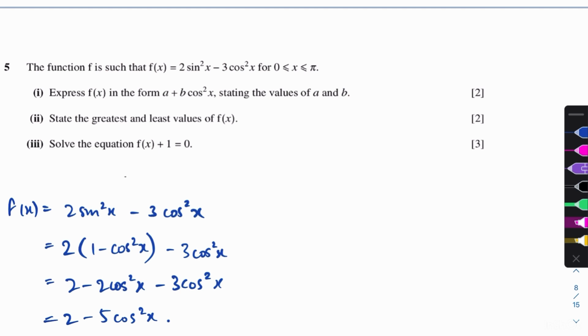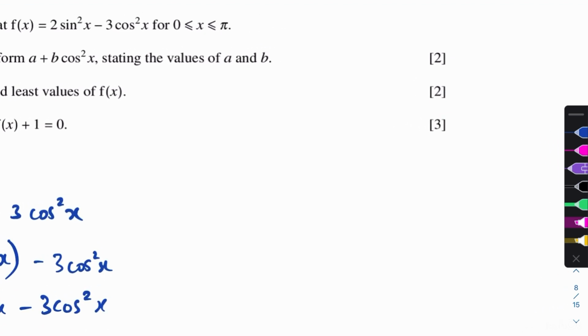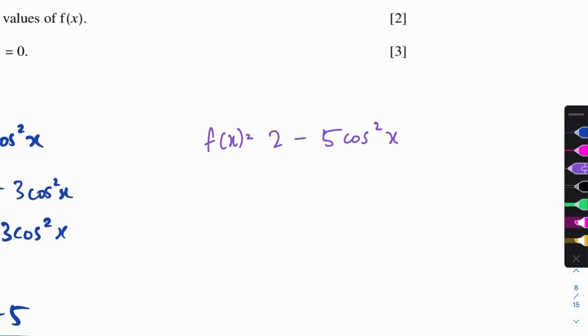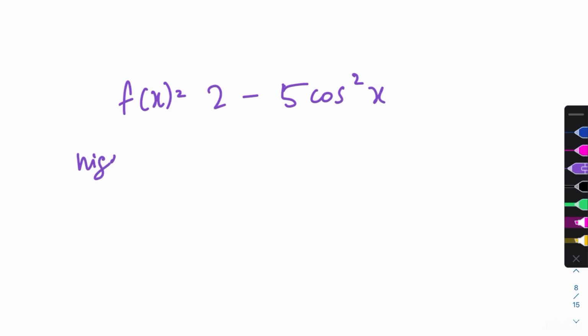Okay, so for part 2 of the question, we need to find the least and greatest values of f(x). So let's just write down f(x) over here again. f(x) equals 2 minus 5 cos squared x. So to find the highest value for f(x), we need to find what the smallest value of this can possibly be, because we want to take away the smallest value to get the overall highest value.